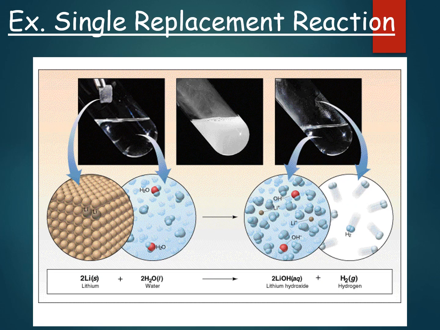Here's a visual of what that might look like. I've got lithium solid in a water solution. That lithium is actually going to replace the hydrogen in that compound to form lithium hydroxide, and what will be released is hydrogen gas. Hydrogen will be released in its elemental form.